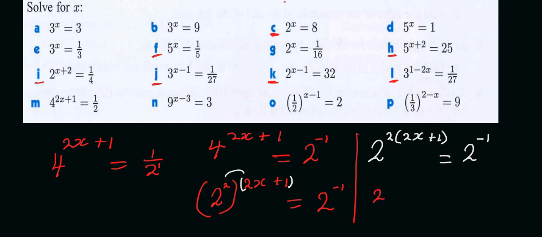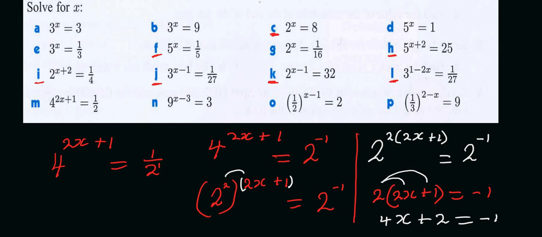So this is now 2(2x plus 1) equal -1. So at this point, we can distribute 2 into the content of the parentheses. So 2 times 2x and 2 times plus 1. When we do that, we're going to have 4x plus 2 equal -1.